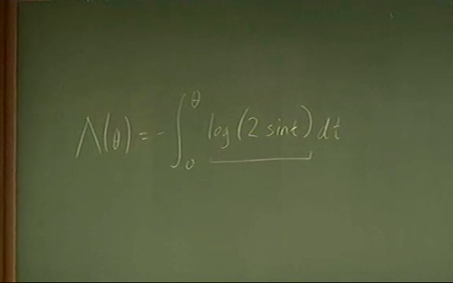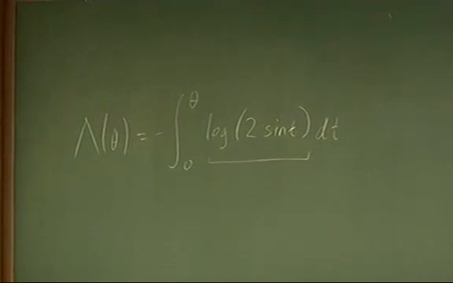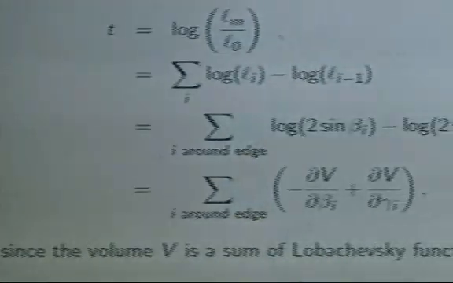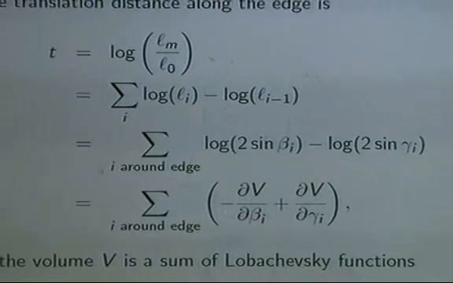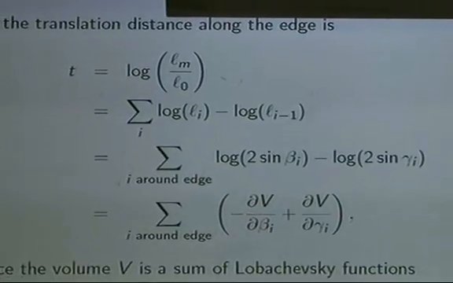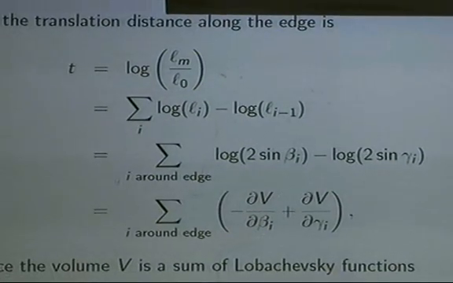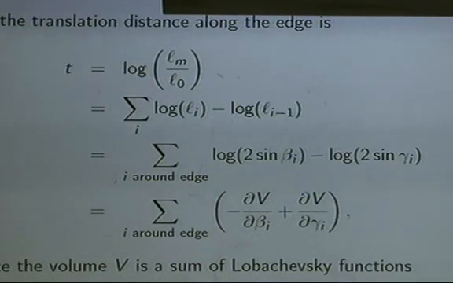So you can rewrite this, remembering the volume is the sum of all these Lobachevsky functions of the dihedral angles. This is going to be minus the partial derivative dV by d beta_i. The second term is going to be plus the partial derivative of V by d gamma_i. So the derivative of this is minus log 2 sine theta.